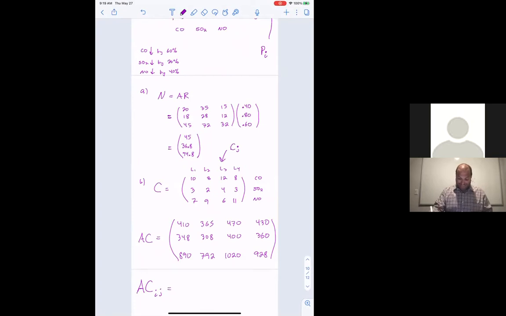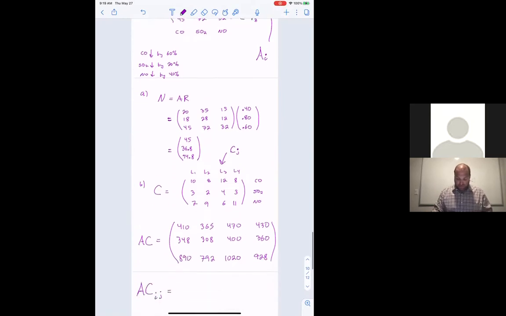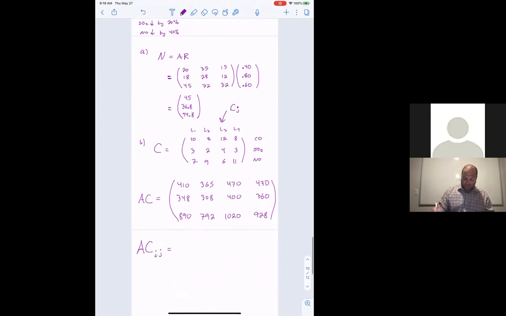Plant i, location j. That should be an A, not a P. Matrix A. The ith row of A is plant i, and the jth column of C is location j.